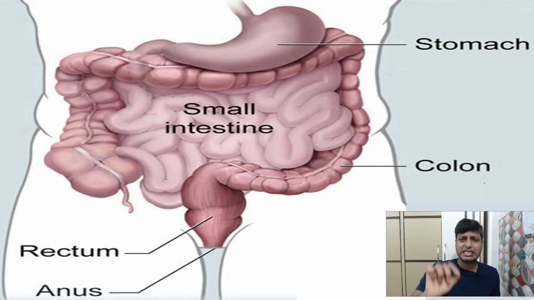So the rectum basically stores the undigested food of our body, the feces, or you can say the waste of the body. Once the undigested food gets collected inside the rectum, the involuntary nervous system, the parasympathetic nervous system, gets activated, and the reflex will come from the brain.